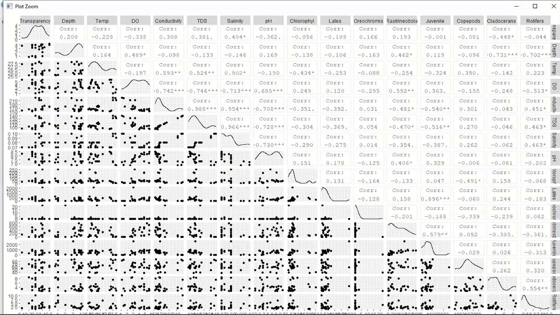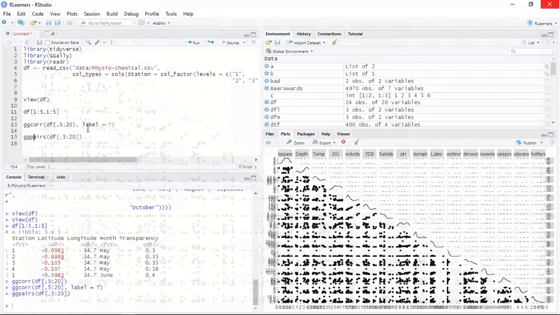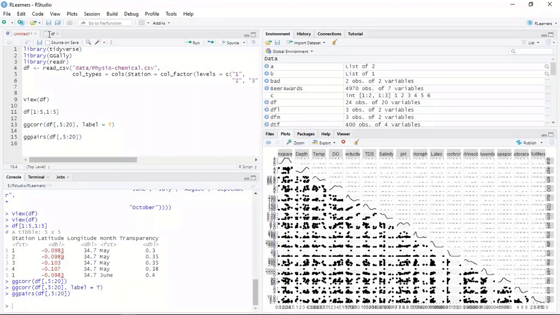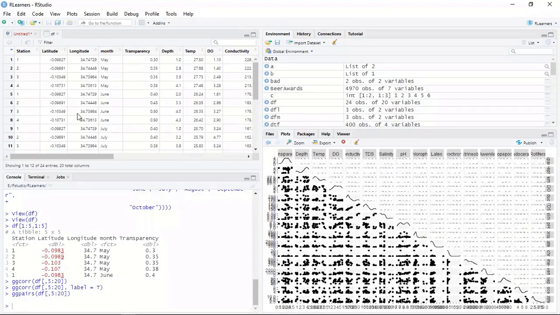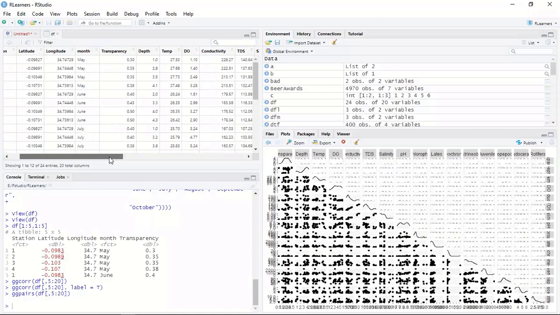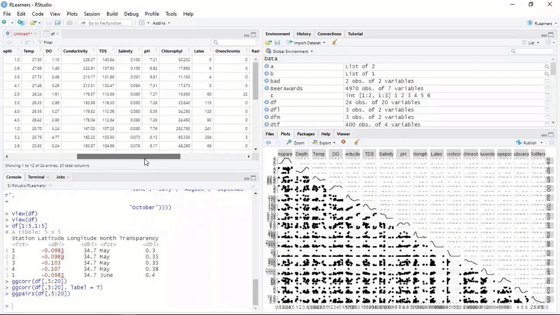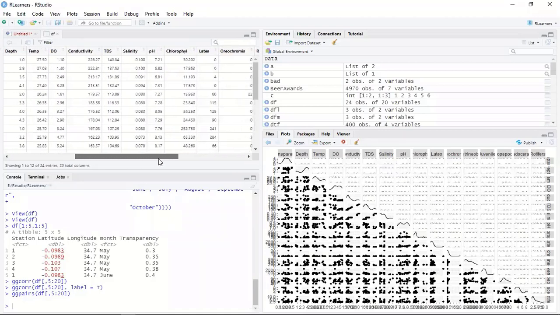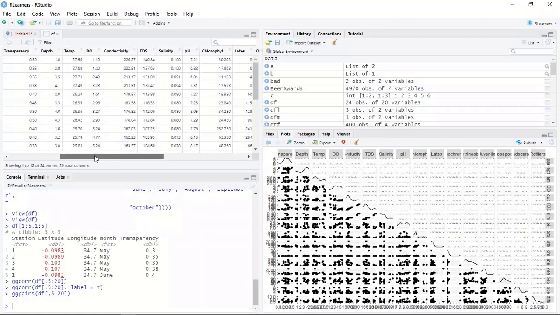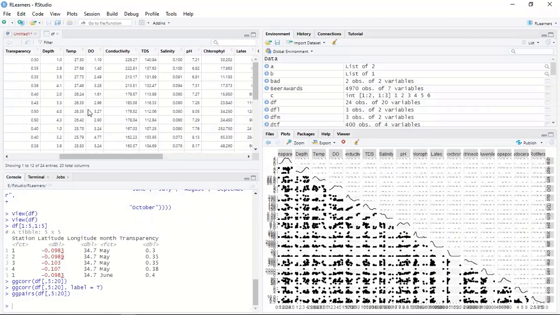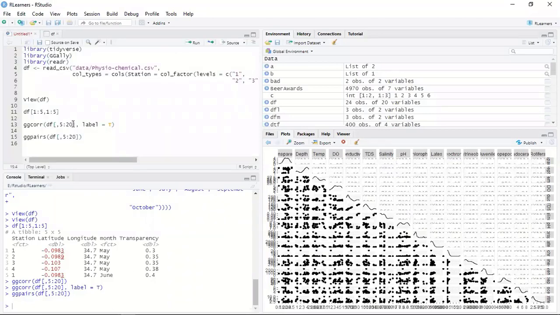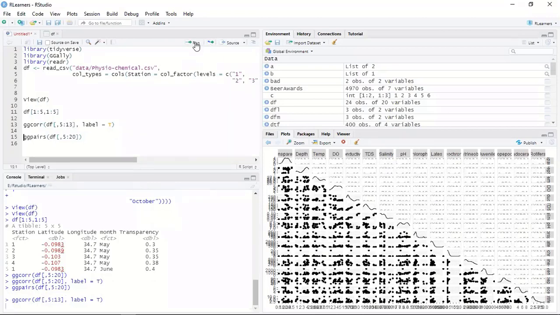Now this one, instead of having all the way, let's just have the physical chemical parameters from transparency to chlorophyll. So from 5, 6, 7, 8, 9, 10, 11, 12, 13. So up to 13. Instead of all those things that are not physical chemical parameters, let's take up to 13.